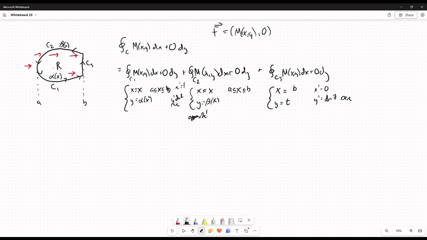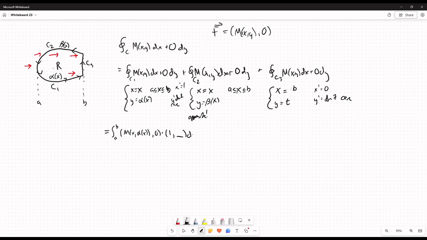The first curve I can parameterize as x equals x and y equals alpha of x, and my x values are going from a to b. So to evaluate this integral, I do the integral from a to b of my vector field composed with my parameterization, which is going to be M of x, alpha of x, 0, dotted with the derivative of my parameterization.